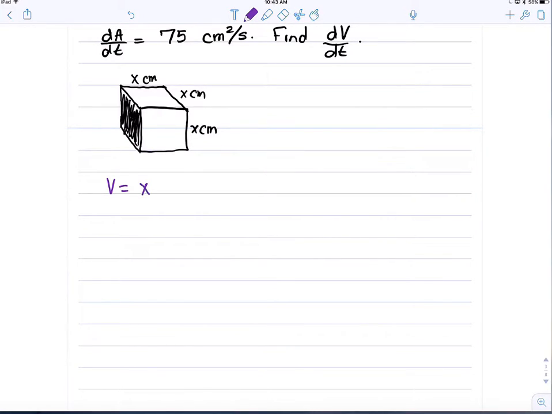Volume is equal to x cubed, so length times width times height, right? So in this particular case, it would be x times x times x, which is x cubed. Now, that's our volume formula. We want to differentiate this with respect to time. So we're going to take d/dt of each term, the derivative with respect to time.